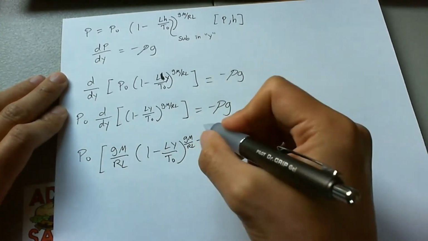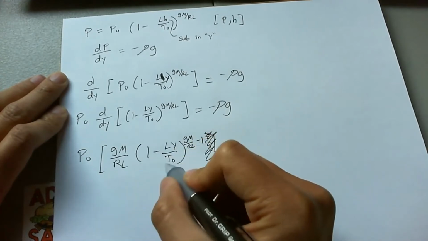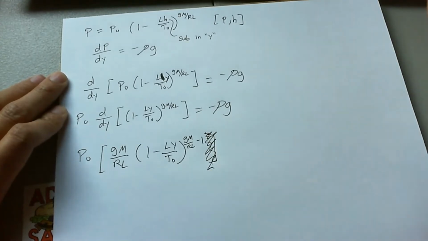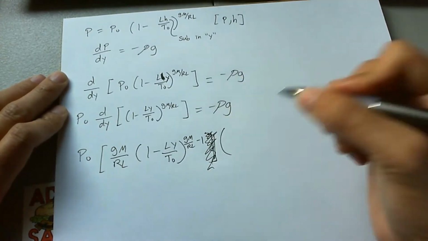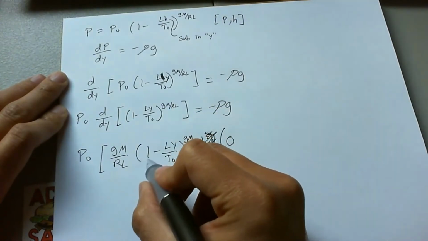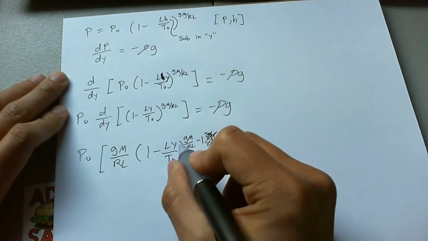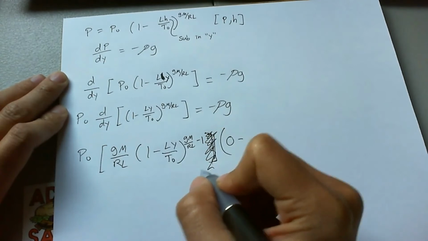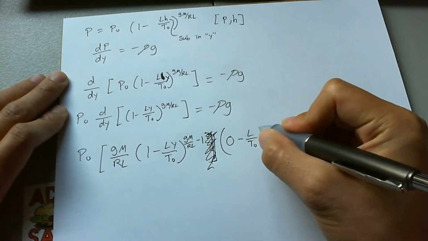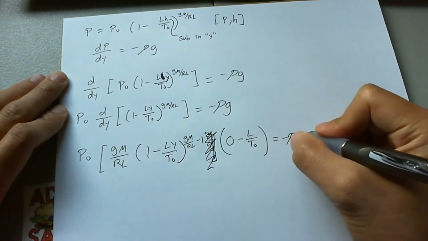And then you multiply by the derivative of what's inside the parentheses. The derivative of what's inside is 0, because the derivative of 1 is 0, minus the derivative of L over T naught times y, which is just the constant L over T naught. And that's going to equal negative rho G.